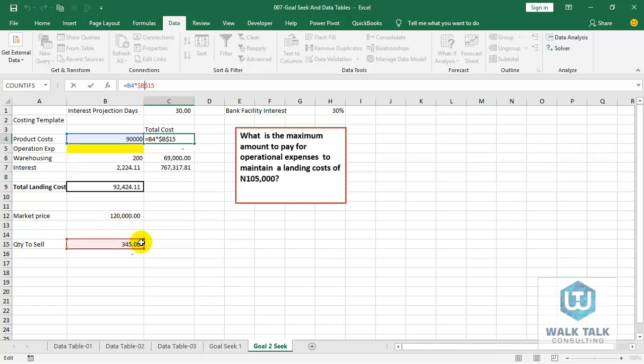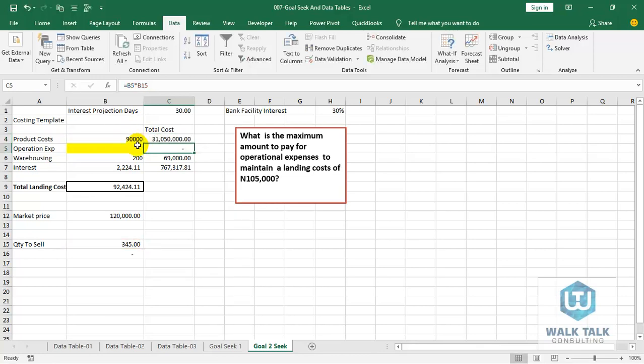B15 is the quantity to sell, and this is the price, the cost. Now the operational cost is the quantity to sell times what you have here. I don't know what the operational cost should be, but I want to maintain a target, I don't want us to spend more than this on operational cost.